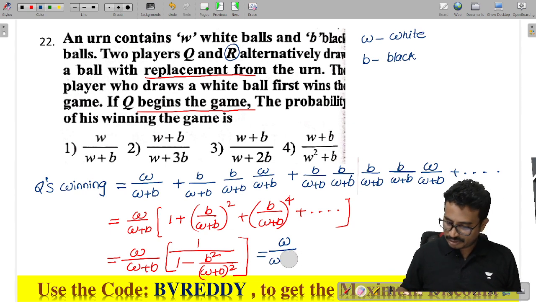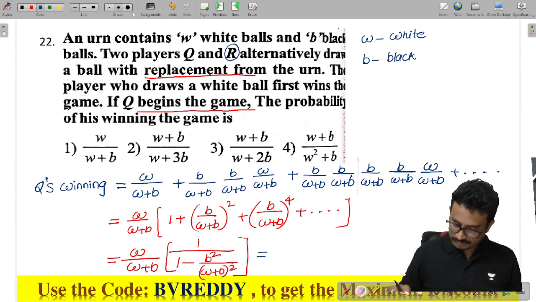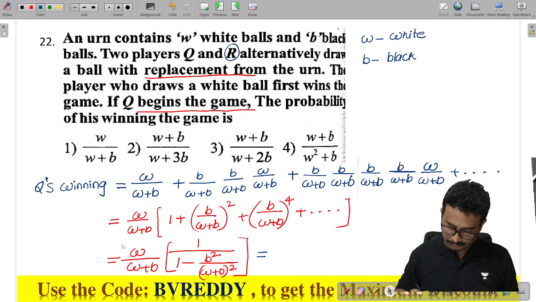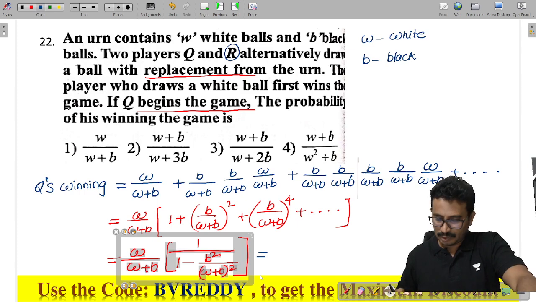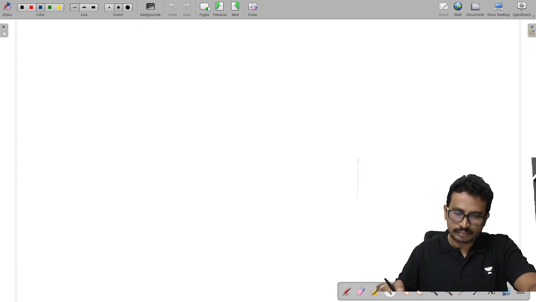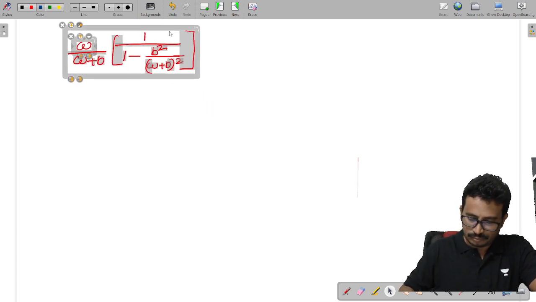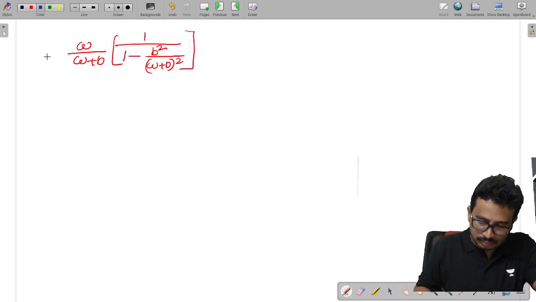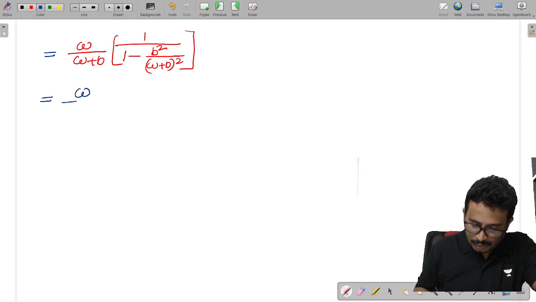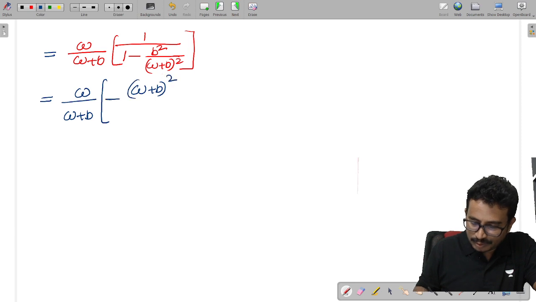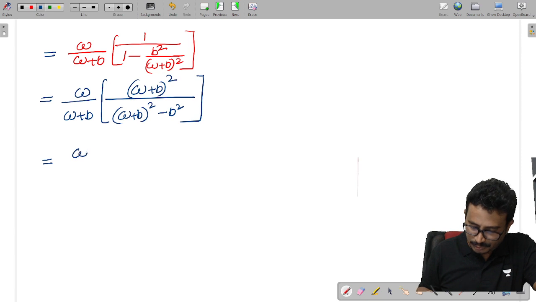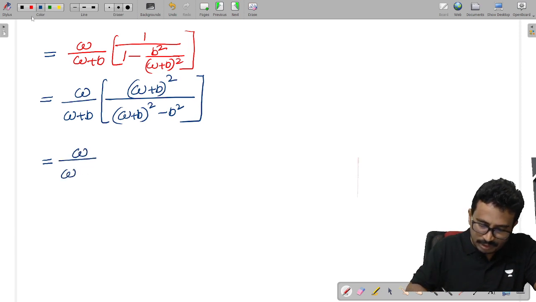Yes, let us go to the next page. I think here it won't be sufficient. W by W plus B into, so take LCM and simplify here, W plus B whole square by W plus B whole square minus B square. Now W plus B will get cancelled.